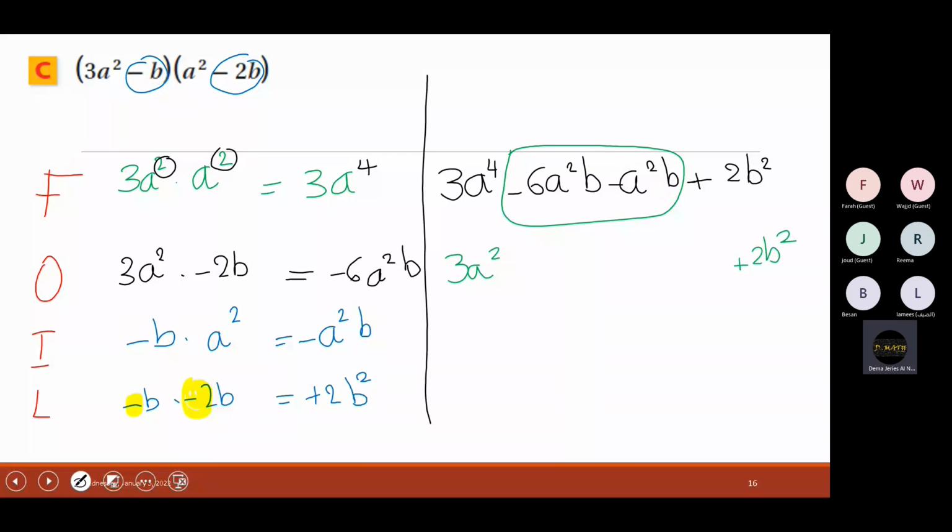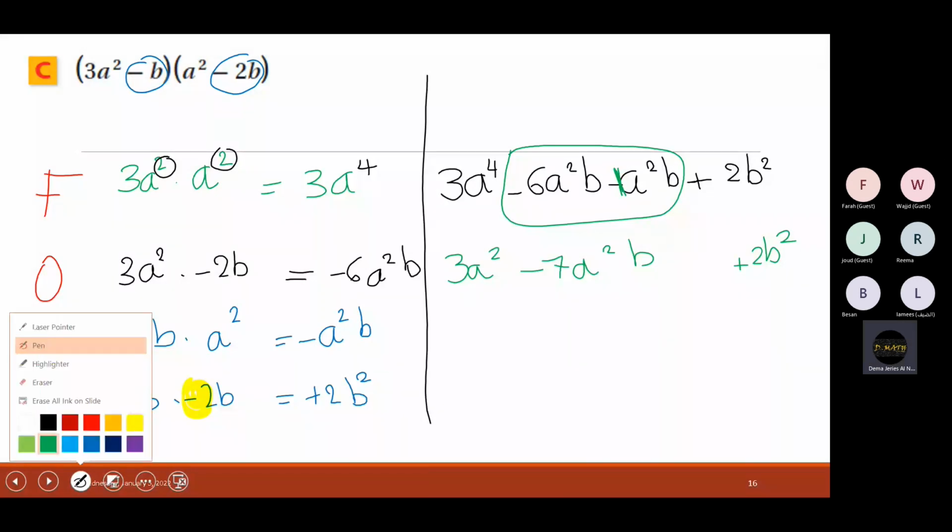Negative 6 minus what? What is the number that is 1? Negative 6 minus 1. Negative 7. Bravo. a squared b. So the product will be 3a to the power of 4 minus 7a squared b plus 2b squared. Thank you so much, Bisan.